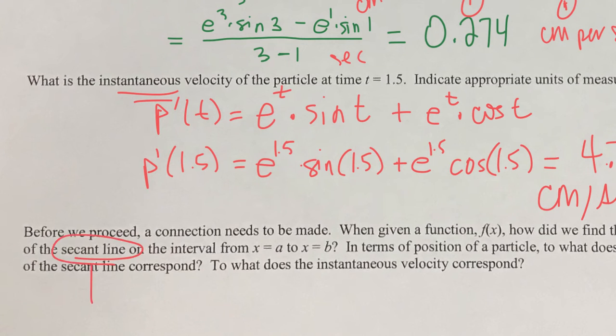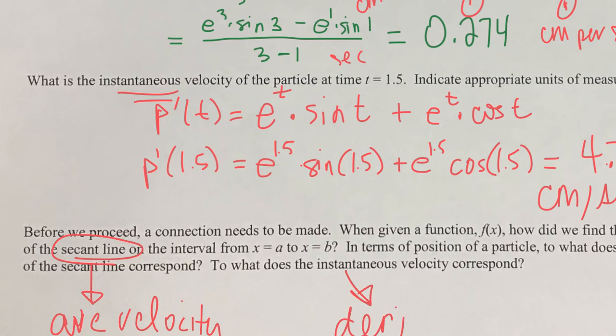So secant line is average velocity, and instantaneous velocity corresponds to the derivative at that point. So we have an average or an approximate velocity, and then we have the derivative, which gives you the instantaneous velocity at that given time.